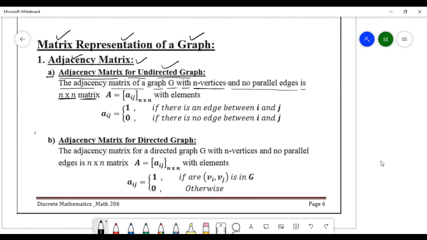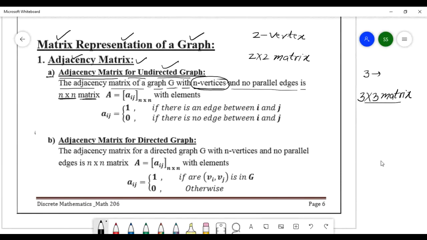This depends on the vertices. If any graph has two vertices, then you will get a 2 by 2 matrix. If any undirected graph has 3 vertices, then you will get a 3 by 3 adjacency matrix.